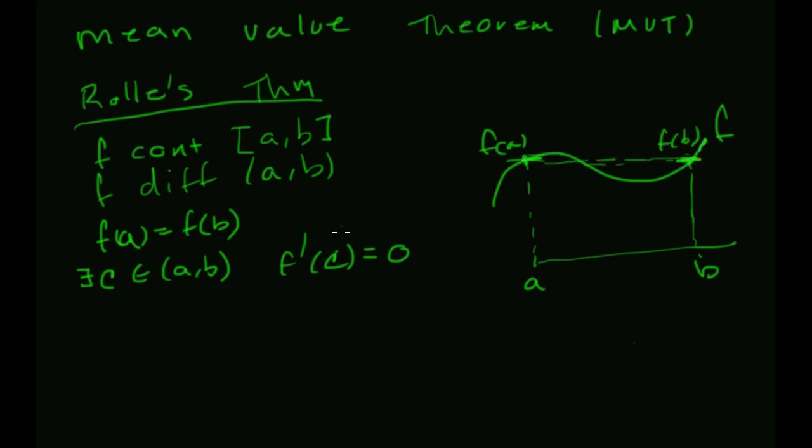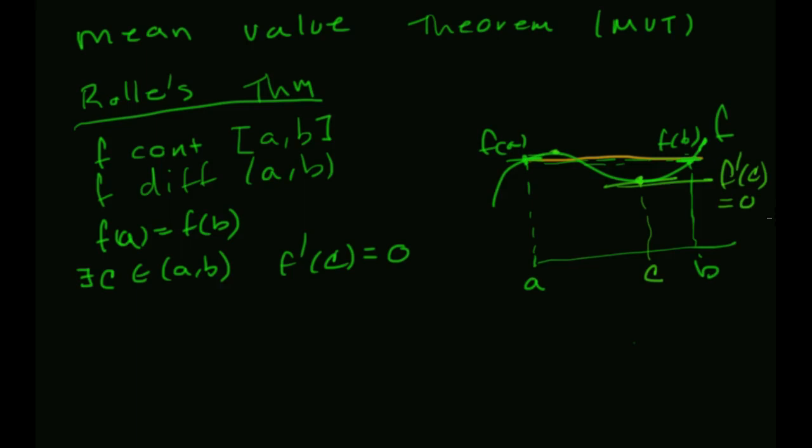If these are at the same height, then there has to be a point somewhere along the line, and in this case there's going to be two of them, so maybe we'll just call this one C, where the derivative f prime of C has to equal 0. So if the two ends of the interval are equal, then there has to be a point somewhere along the middle where that derivative is 0.